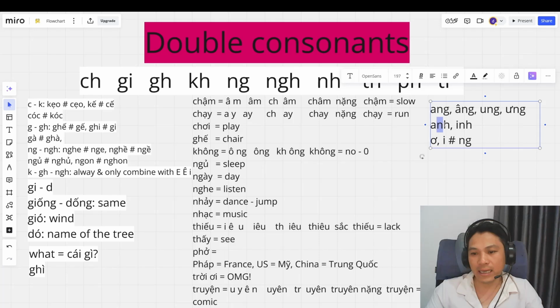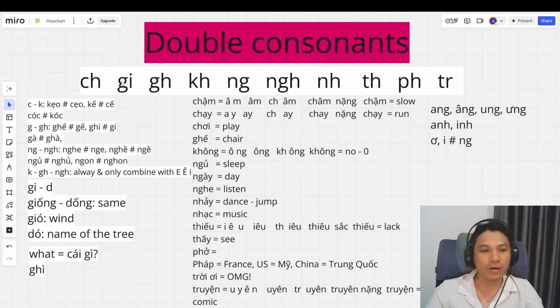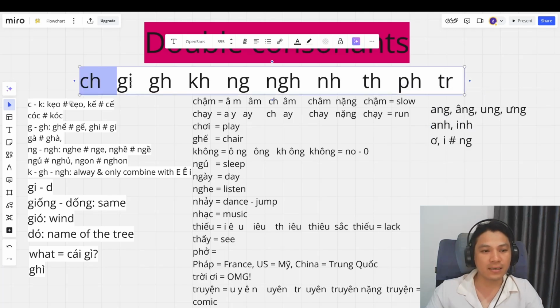And with this one, nhờ, we have two words, a, nhờ, anh, or y, nhờ, in. And there are only these double consonants that have a combination with the vowel, like chờ, giờ, gờ, khờ, ngờ, thờ, phờ, and trờ. They are never behind the consonant. They're always the first consonant.